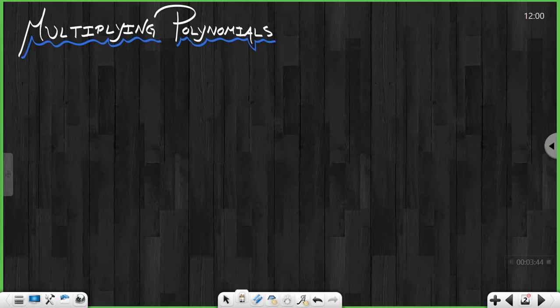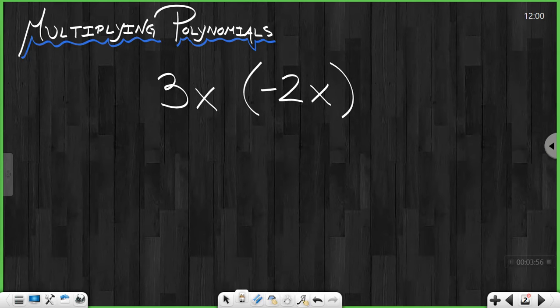So as we do this, what you looked at yesterday was how to multiply 2 terms together that have variables. Let's just take something very simple: 3x times negative 2x. When I am multiplying 3x times negative 2x, I'm simply doing numbers times numbers, variables times variables.